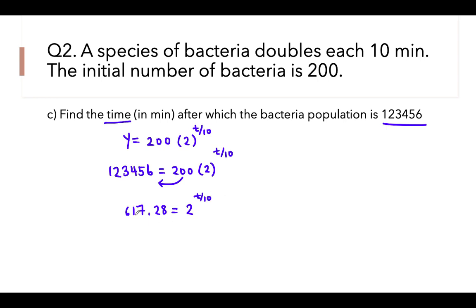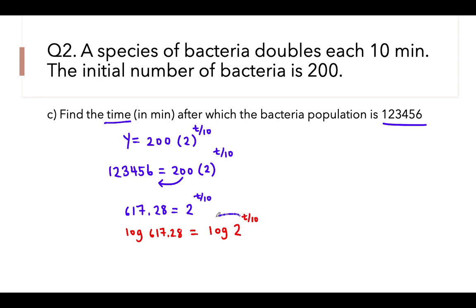Now again, you will notice that we can't really equate to the same base of 2 because we're given a decimal. So we are going to take the log of both sides. Log 617.28, and then you have to do it to the right side as well, log 2 to the t over 10.